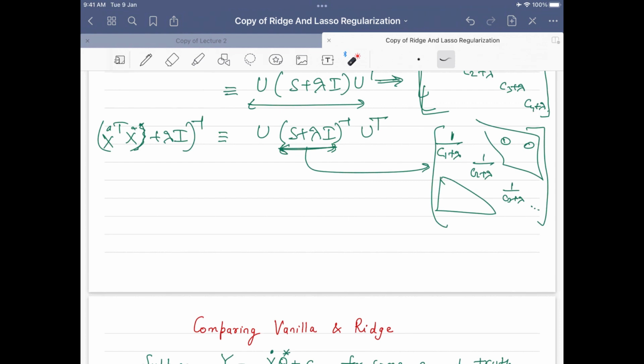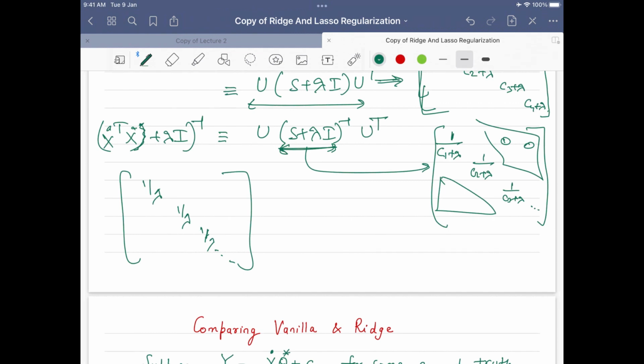Anyone can answer that? This is because you have this lambda value along with this, right? So if c1, c2 or c3 becomes 0, we still have 1 by lambda as the diagonal elements.